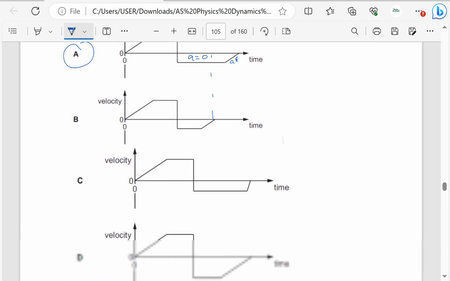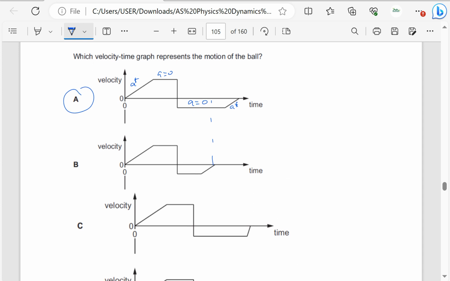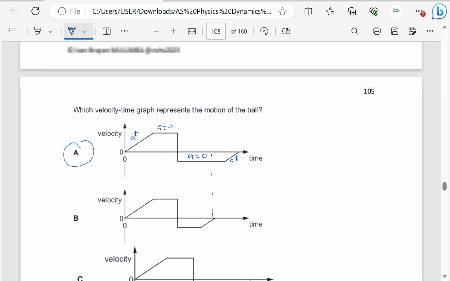Since it is momentarily at rest, there will be more time to get to rest.